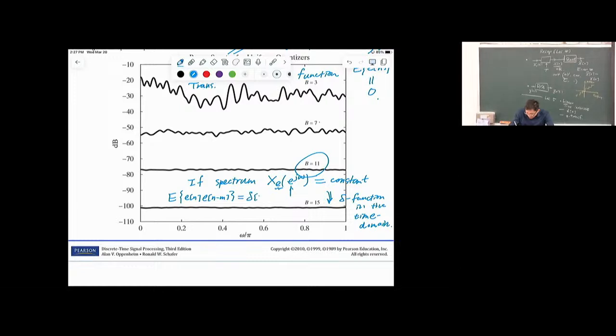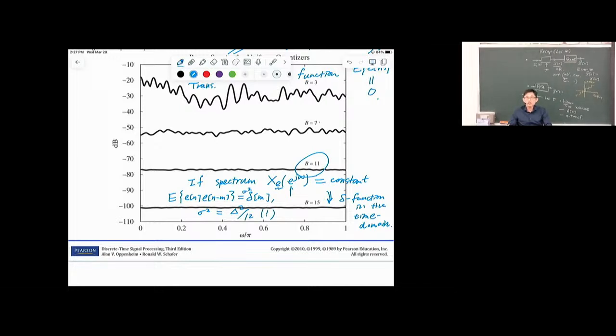It's basically delta m, times the noise power, where sigma squared equals what we just said, delta squared divided by 12. So if the spectrum really is wide, then the autocorrelation function is a delta function scaled by the power, and the power is delta squared divided by 12, as we previously derived. So everything connects together right here.